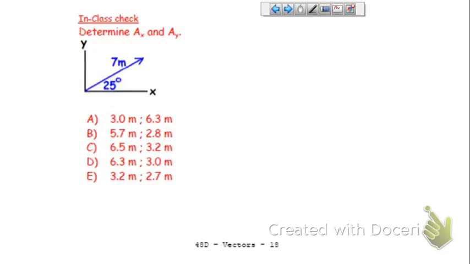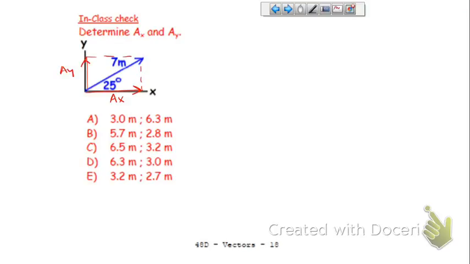Yeah, two more and then we'll take a break. Let's say we've done that for all our vectors. We added up all the x's and we added up all the y's. Let's say this is our vector. I want to figure out what my x component is, that's Ax, and what my y component is, that's Ay. These are magnitudes.